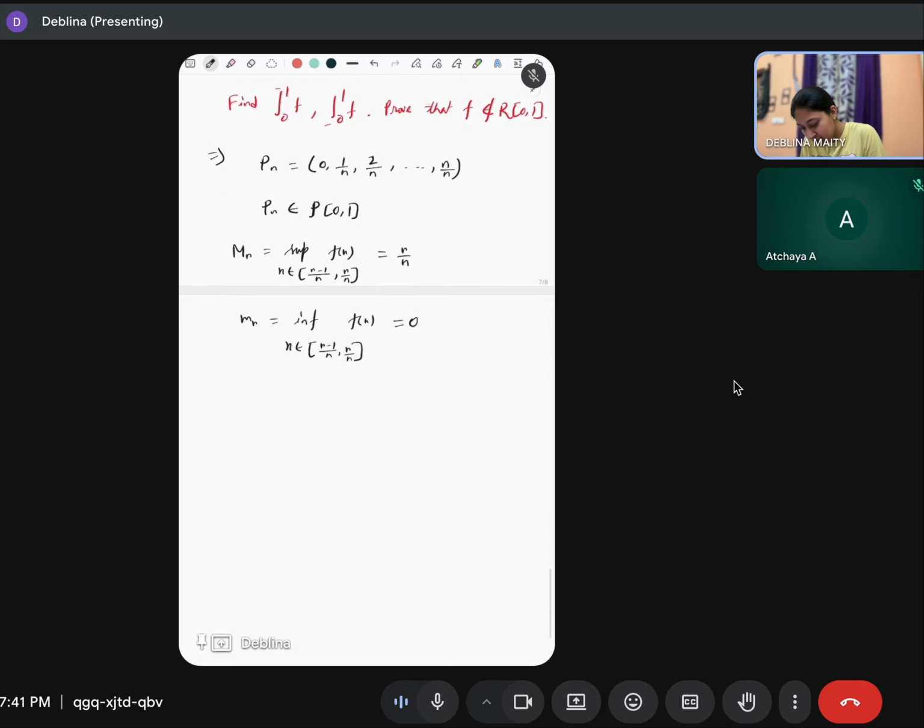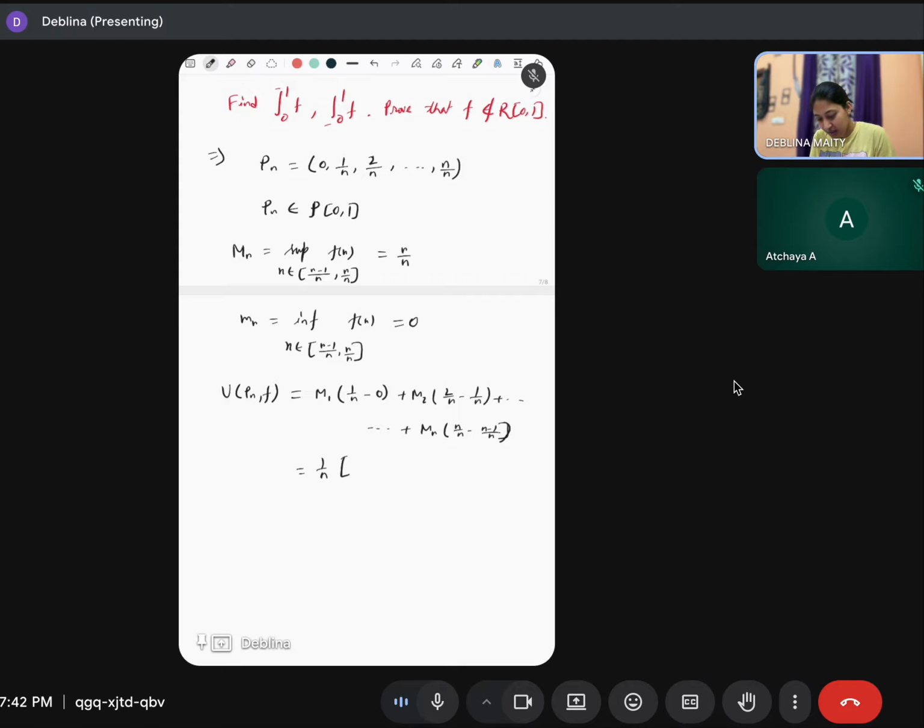So now we have to calculate U(Pn, f). U(Pn, f) is the sum of Mr into (xr minus xr-1), right? So it is M1 into (1 by n minus 0), and the last one will be Mn into 1 by n. Each of these is 1 by n, so we'll take 1 by n common, and Mr is r by n.